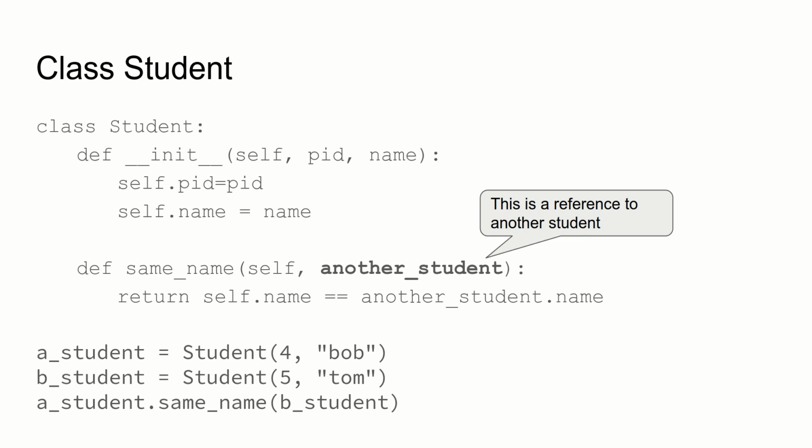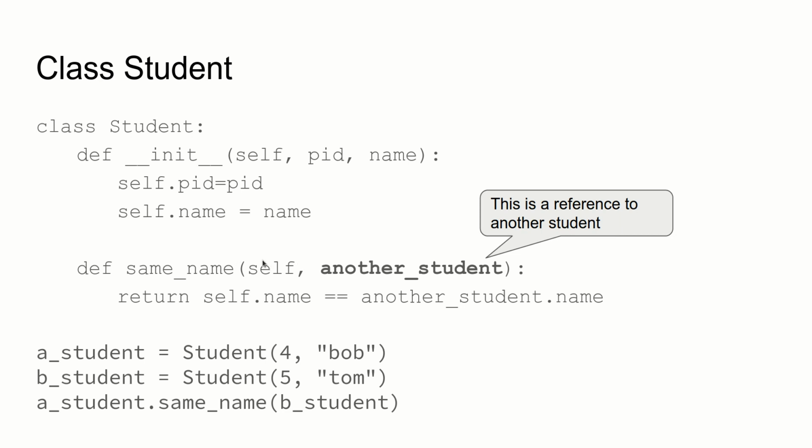Another reason that we need the self parameter is so that we could do things in relation to other objects or other parameters. For instance, here we've added a method that checks if two students have the same name.